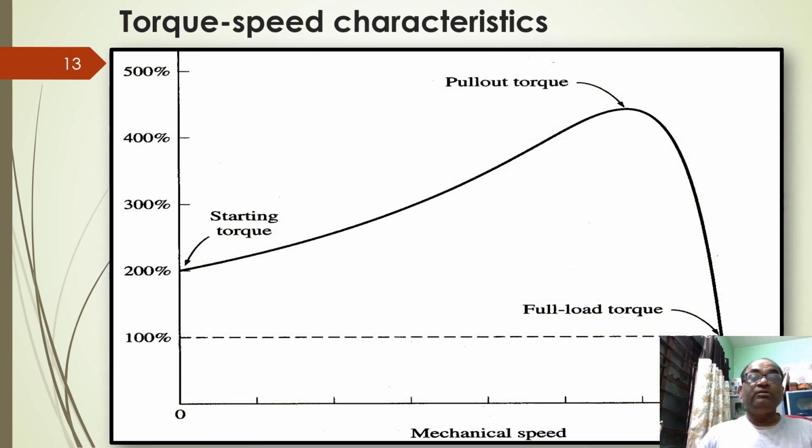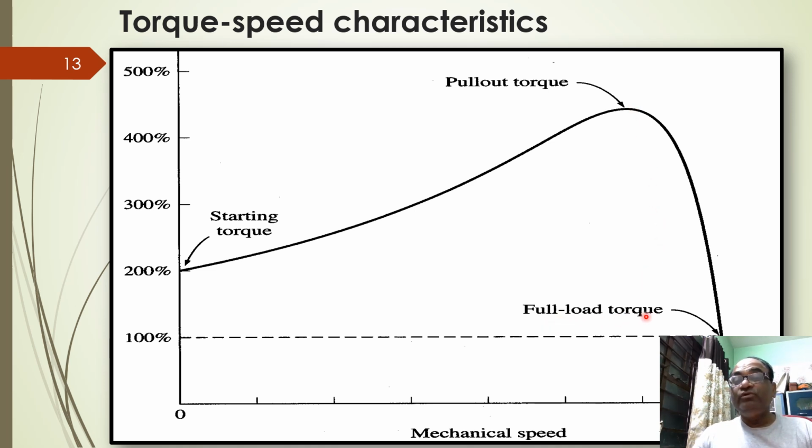Here is the torque speed characteristic of the motor. You can see this 100% is the line of the 100% torque demand. Your starting torque is 200%, and this is pull out torque, that is the maximum amount of torque that your induction motor can deliver.